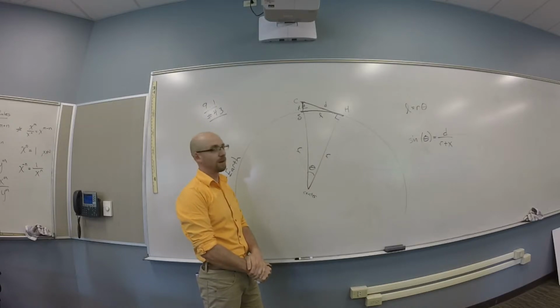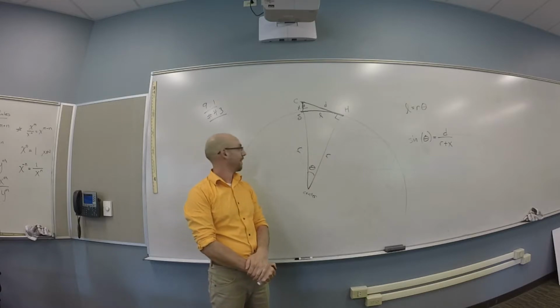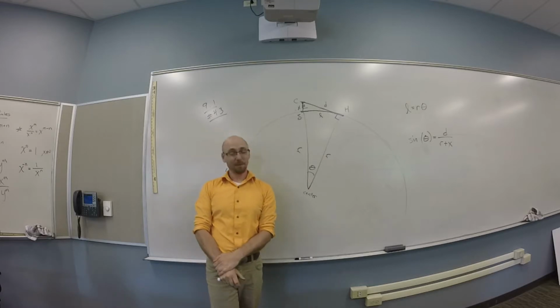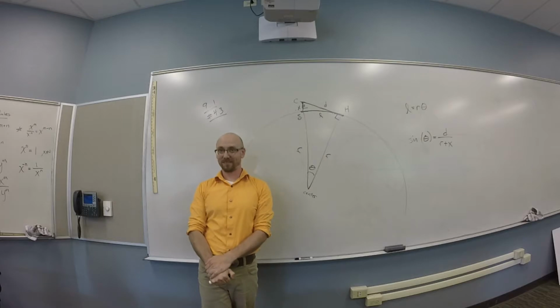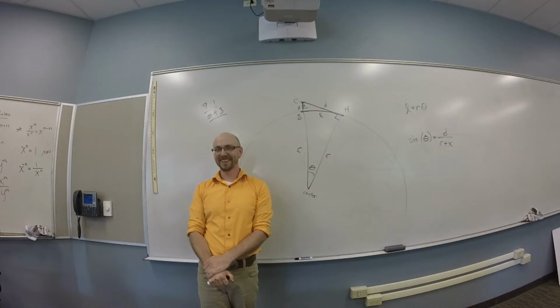What do you know about theta here? It's less than 90 degrees. Okay, good. It's probably in the first quadrant because the Earth is really big. Also, it would be weird if you could see more than 90 degrees around this thing, because it's supposed to be a circle.